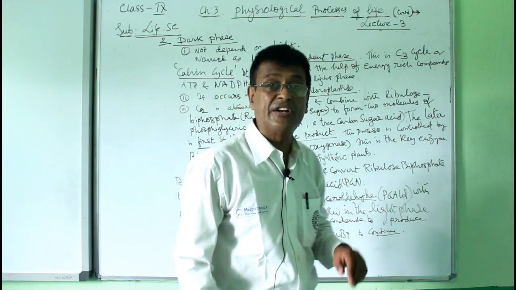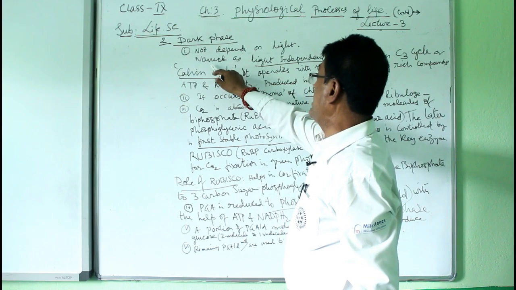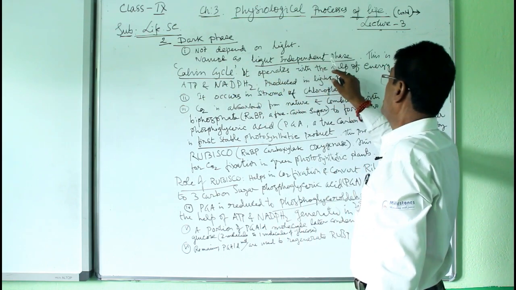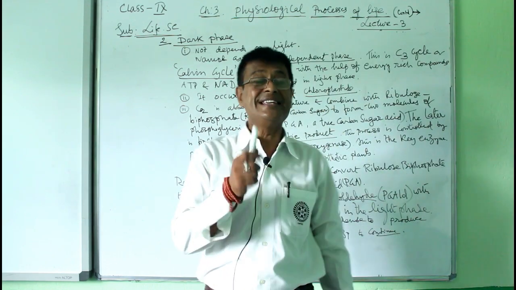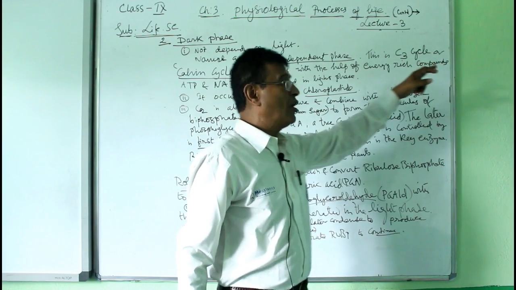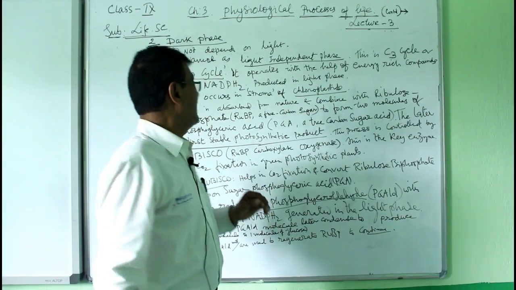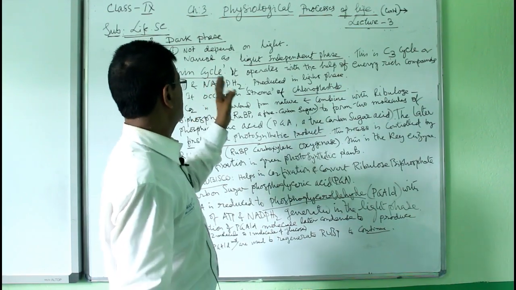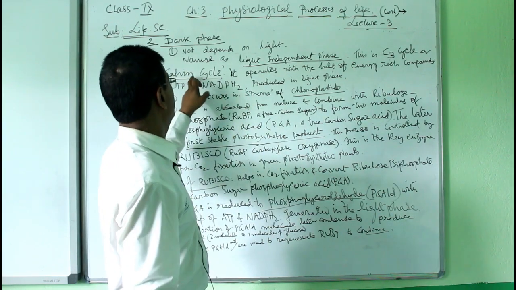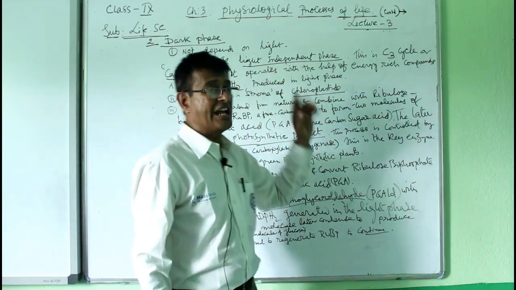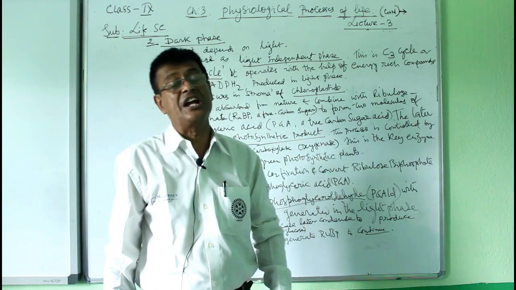Number 2, it is named the light independent phase, or this is known as the C3 cycle or Calvin cycle. Scientist Calvin watched it first, so after his name it is known as the Calvin reaction or Calvin cycle. It operates with the help of energy rich compounds which are produced in the light phase.